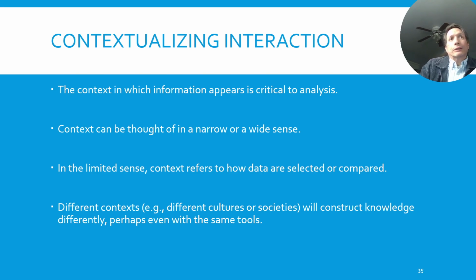The context could be in a narrow or wide sense, and it is basically how data is selected or compared. What are the criteria that you're using to select that? And then you can have different contexts, different cultures, different societies, and that's going to create different frameworks to interpret the data, even though we can use the same tools.